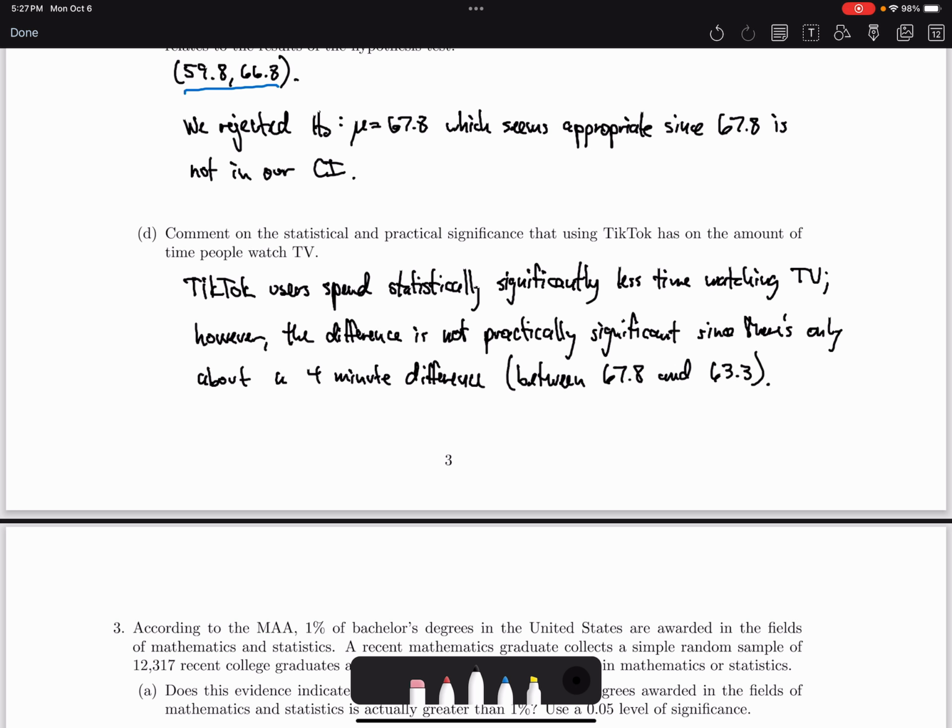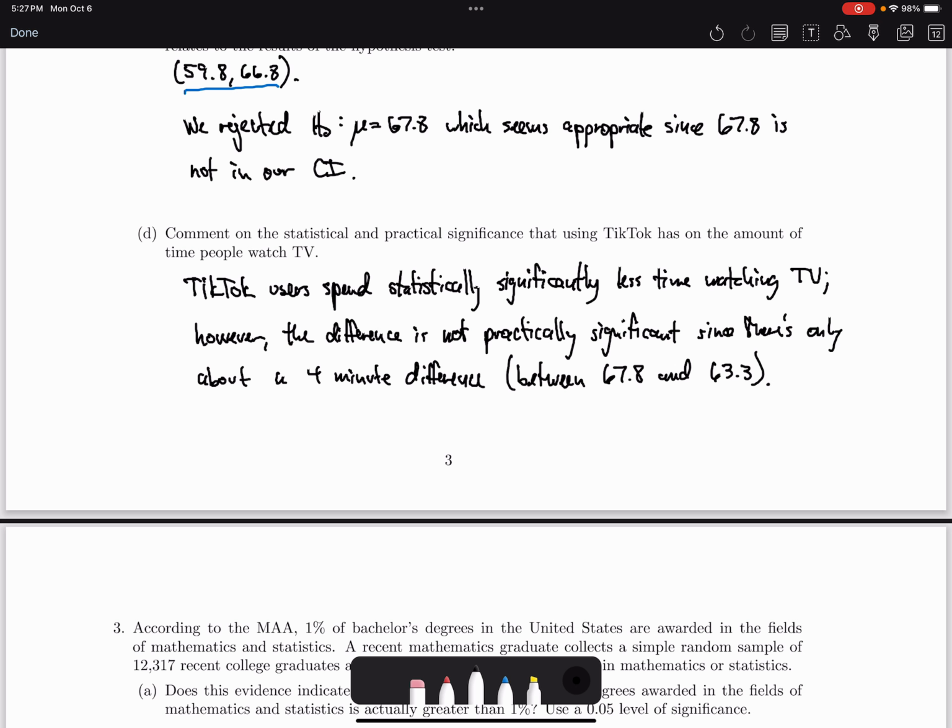Now, I just want to pause here a second and say, if you're freaked out by the practically significant thing, like you're still not clear what it means. Statistical significance is easy, right? If you reject the null, the results are statistically significant. Practical significance is a little bit wigglier, right?